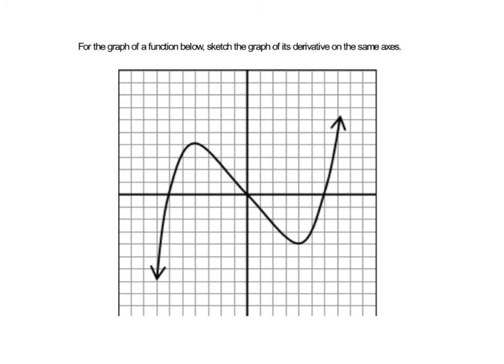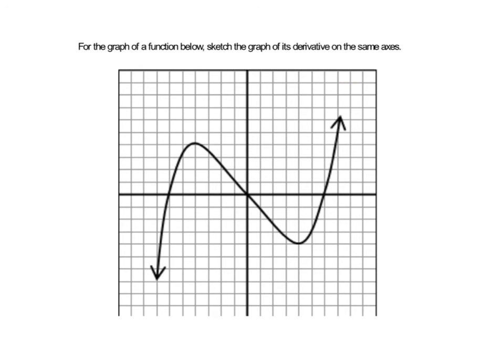Okay, let's see if we can draw the graph of the derivative function by analyzing the function itself and analyzing where the slopes would be of the tangent lines as we move along this curve. All right, so first of all, let's notice that this is increasing to a maximum, and then it is decreasing to a minimum, and then is increasing again exponentially.